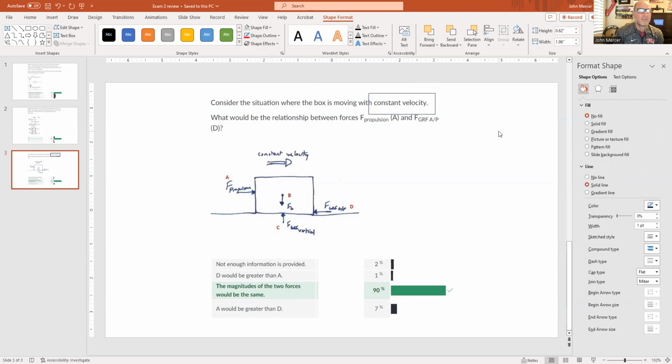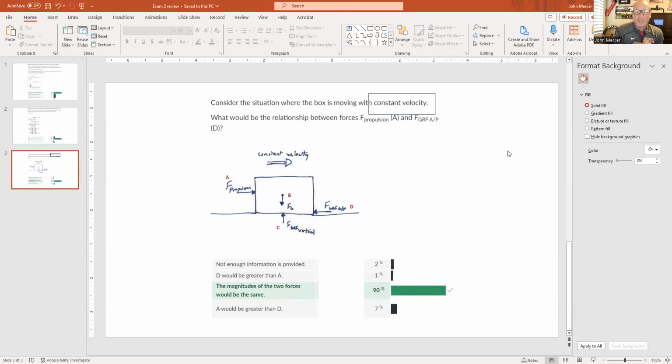Some of the discussions I've had with folks is you may have thought that the question was asking from starting from a zero velocity or starting from some velocity to getting to a constant velocity. And that's not what the question is. The question is to focus in on this constant velocity.